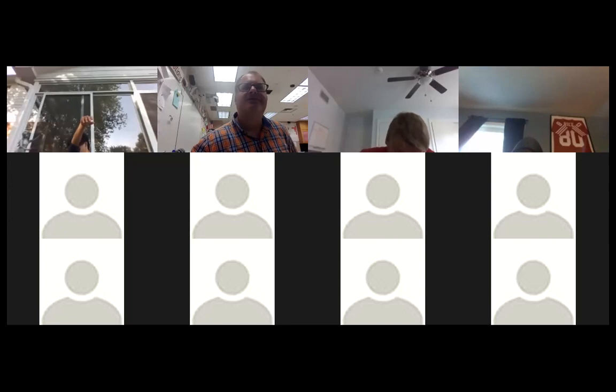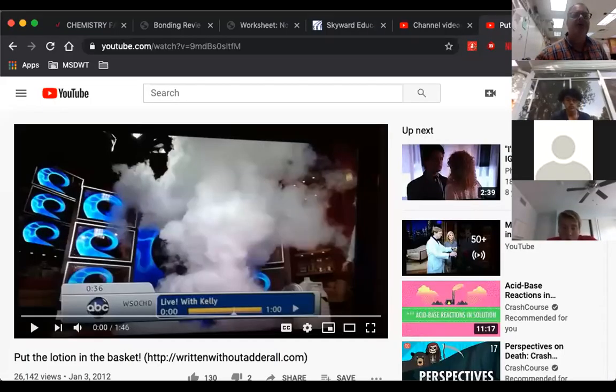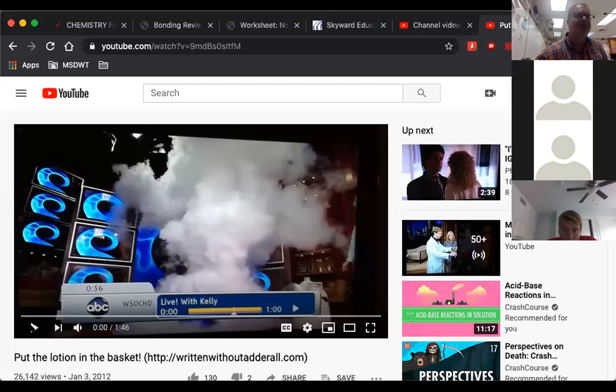All right, sulfur hexafluoride. Sulfur hexafluoride is quite interesting because it actually is heavier than air. So take a look here. If you know Neil Patrick Harris, he breathes in sulfur hexafluoride as if it were a helium balloon. But remember, it's heavier.